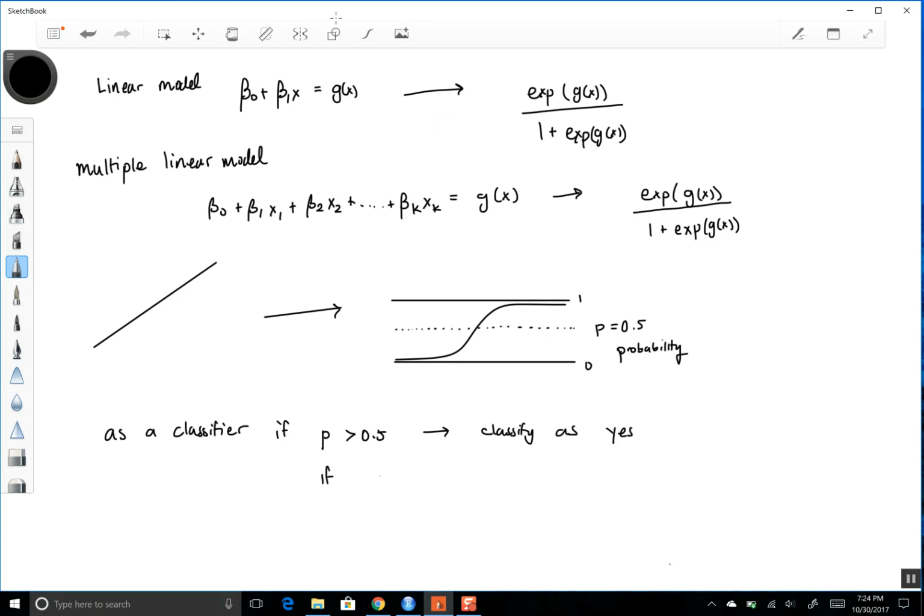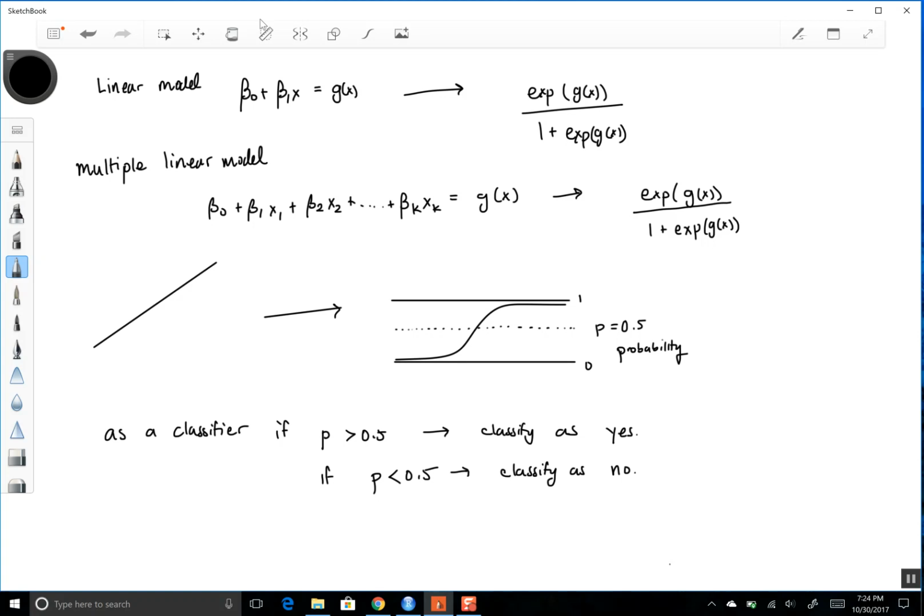And if p is less than 0.5, classify as no. Okay, so that's logistic regression as a classifier, and I think that's pretty easy to get.